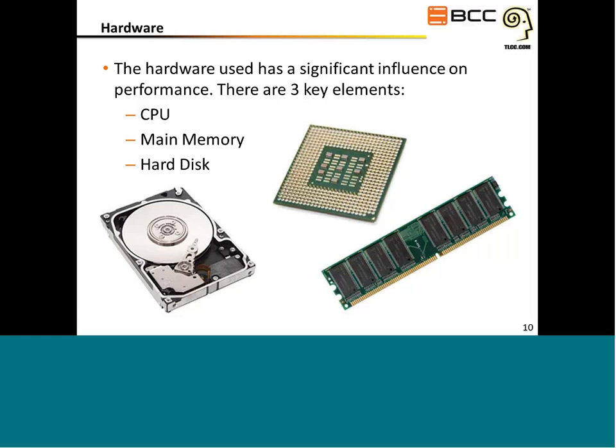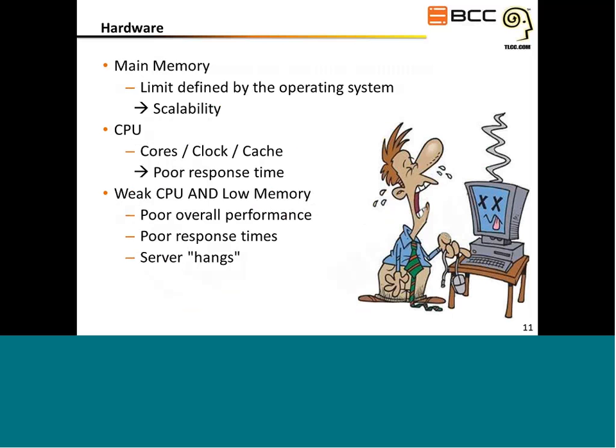For the main memory, this is where we have scalability. The more memory we have, the more requests we can serve, and this is only limited by the operating system and also the CPU.